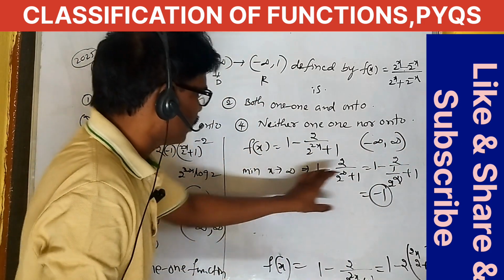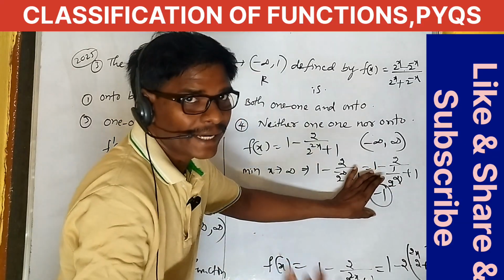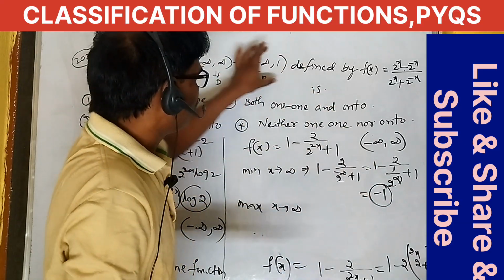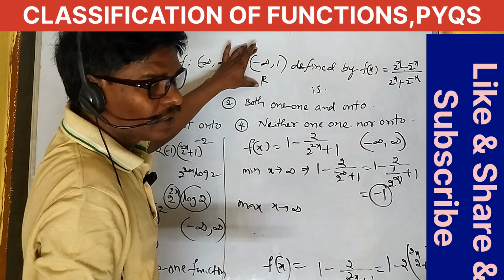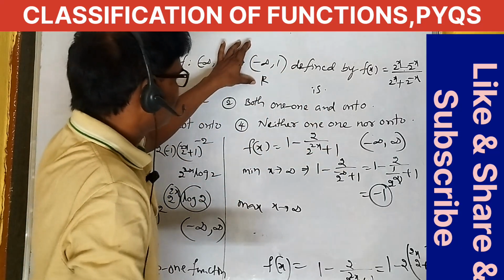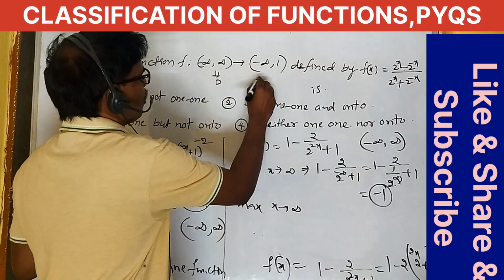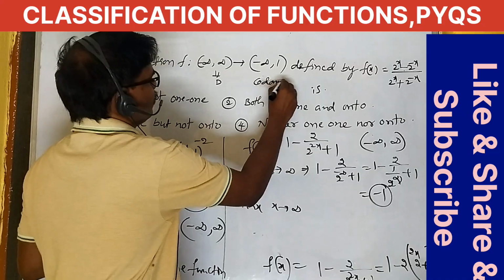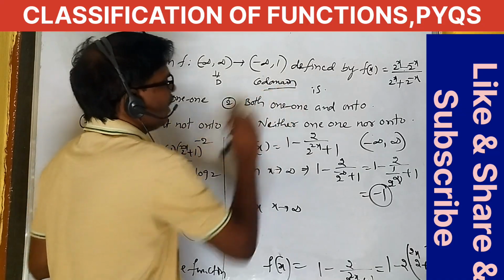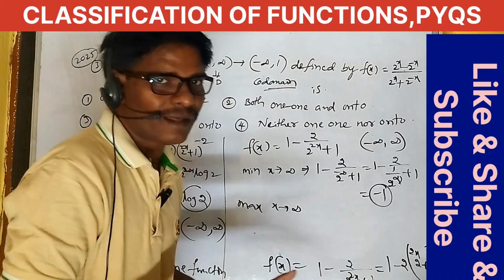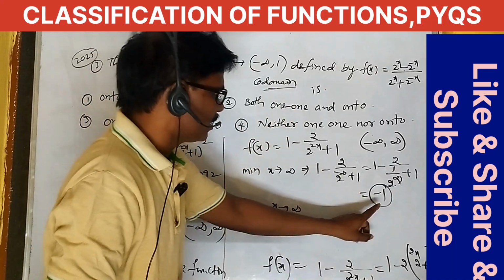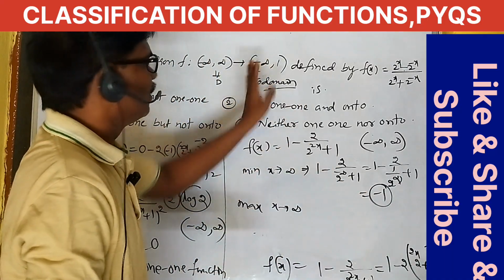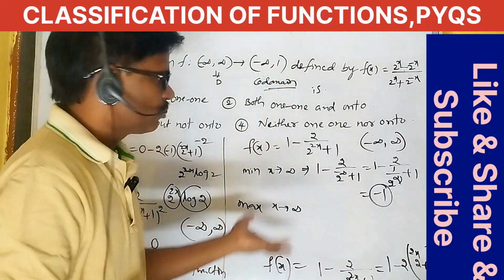Range equal to codomain means it is an onto function. If both are not equal, it is not an onto function.